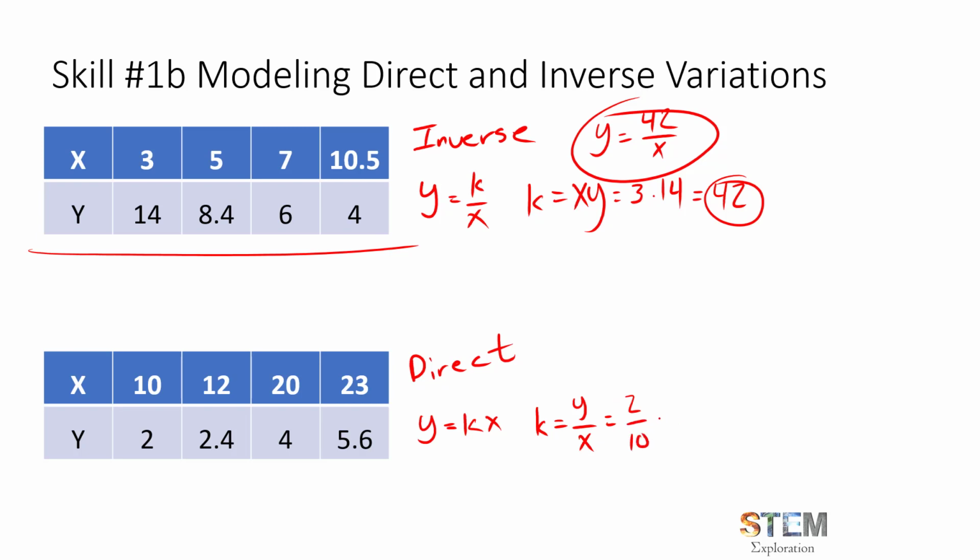Again, you should check it, but this gives us 1/5 as the constant of direct variation. So y is equal to 1/5 times x, and this is the equation that models this direct variation. Hopefully that's a relatively straightforward concept in terms of these models.